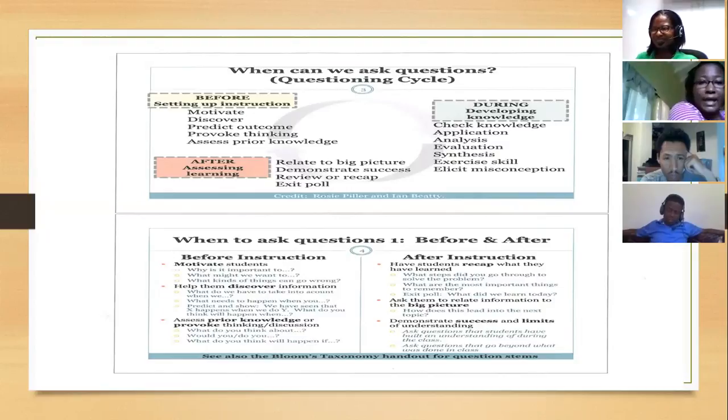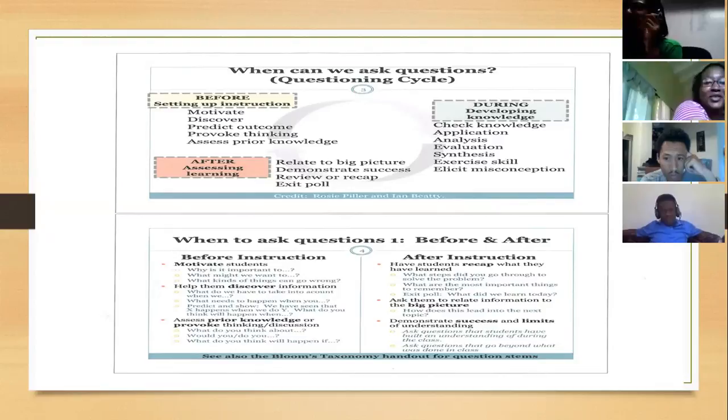Okay, so before we set up our instruction, what is it we want to do? We want to motivate. Thank you for that slide information, by the way. Motivate, cover, figure out the outcome, provoke their thoughts and how they're thinking, and assess, of course, at the beginning of the lesson, what prior knowledge they might have had.